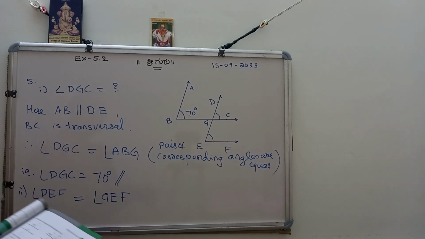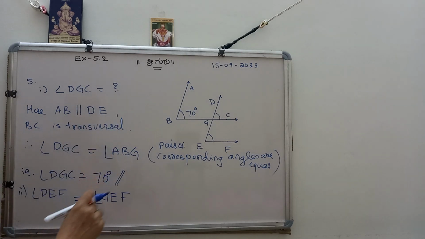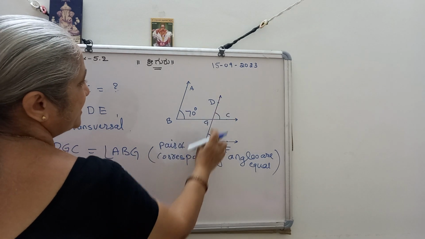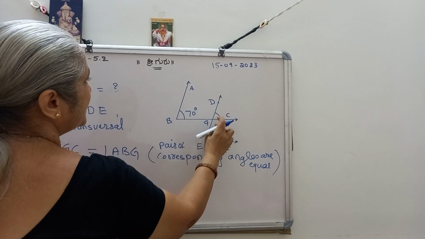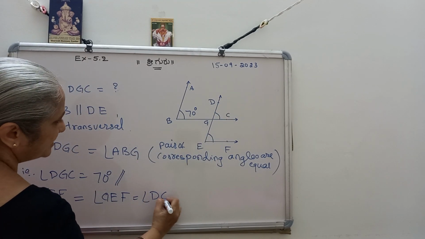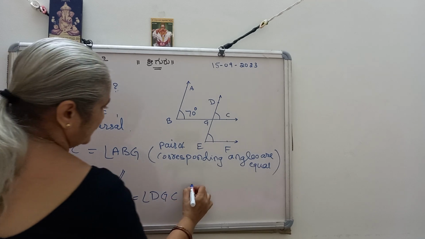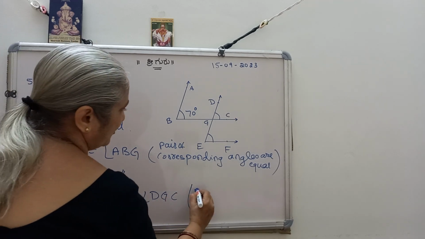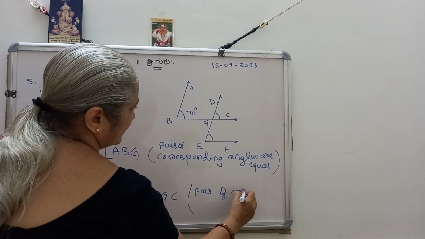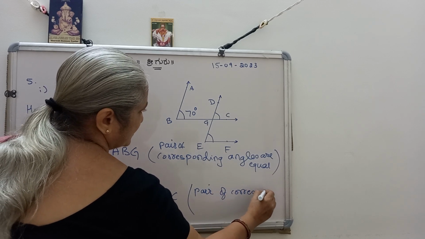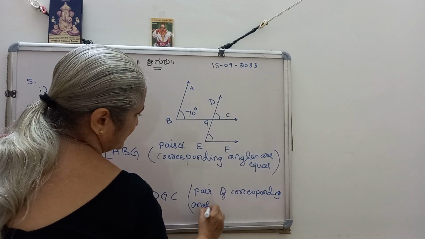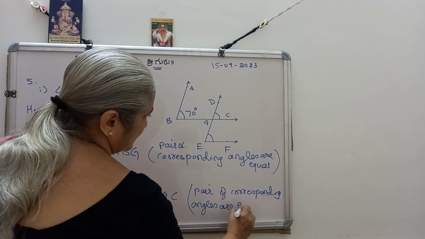We want to find DEF or GEF, and GEF or DEF is equal to angle DGC. Here we have found this is equal to angle DGC, because pair of corresponding angles are equal.